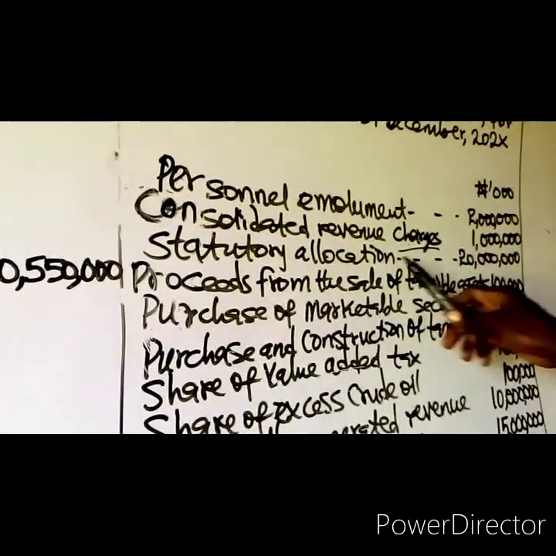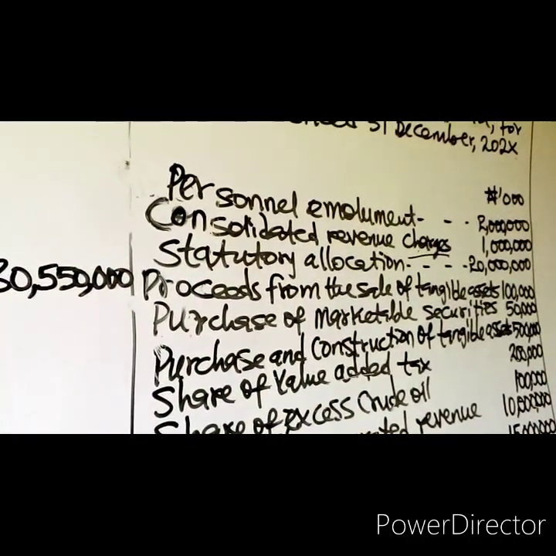The next item is statutory allocation, which has been used as a revenue. Proceeds from sales of tangible assets, we say that is investing. Purchase of marketable security, we say it is investing. Purchase of constructions of tangible assets, we say it is an investing activity. Share of value-added tax, we say is a revenue which has been considered.